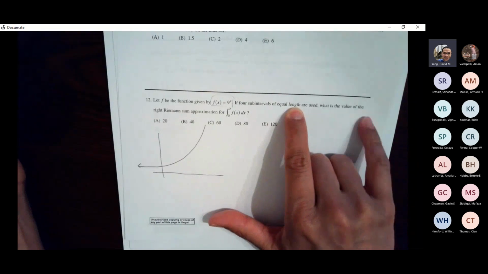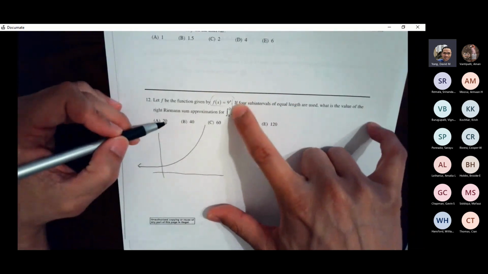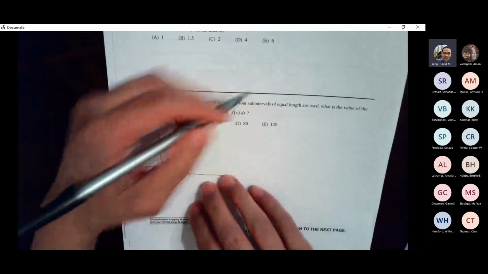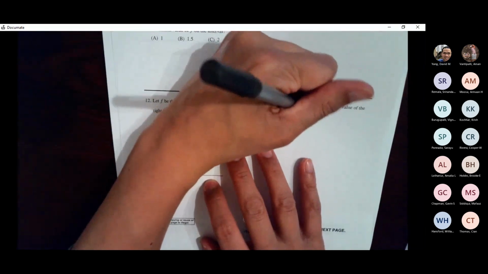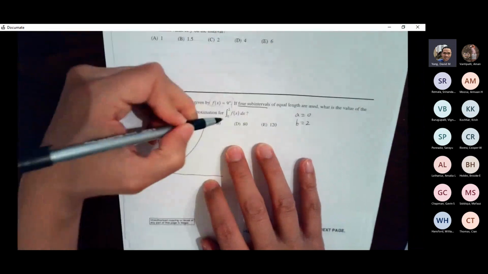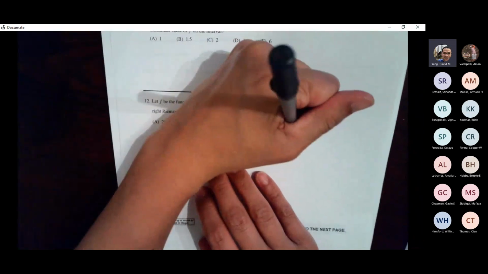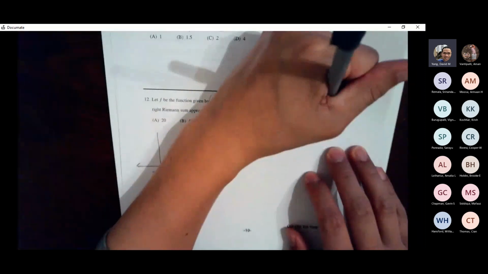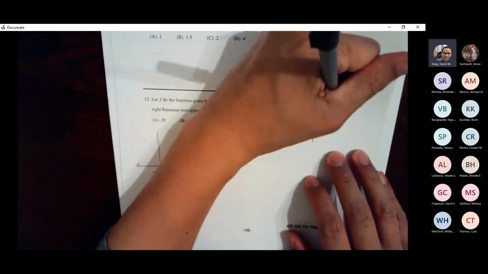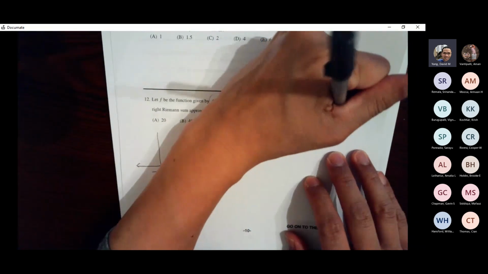If 4 subintervals of equal length are used, what is the value of the right Riemann sum from 0 to 2? So 4 subintervals, our a is 0, our b is 2, lower and upper bound, and our n value is 4. If I want to create 4 subintervals, the width of each subinterval is b minus a over n.